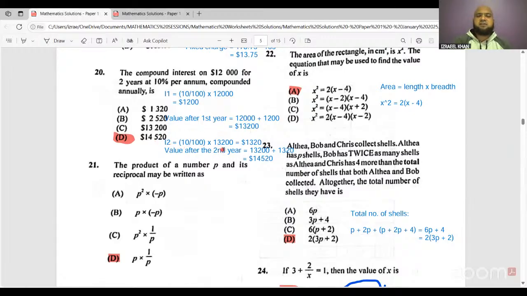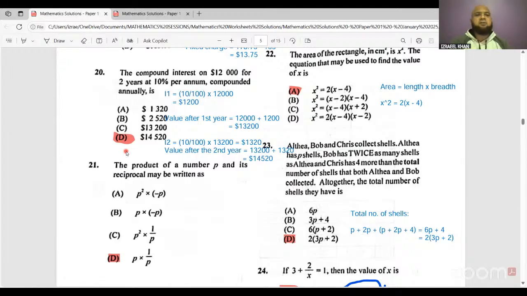So it's 10% of 13,200. You get 1,320. Just drop a zero, $1,320. Guess what you do with that? You add that to the 13,200, and you get $14,520. That's D.